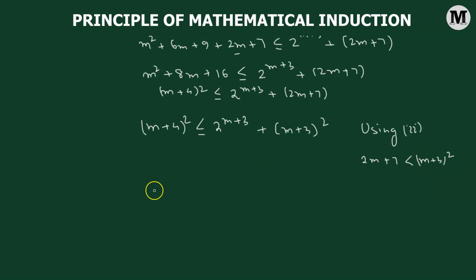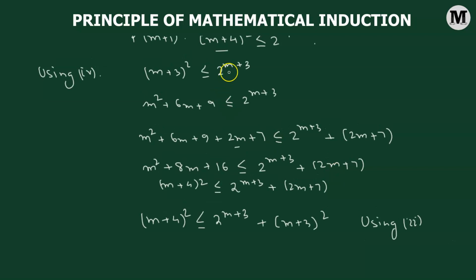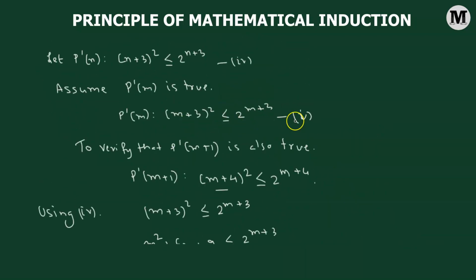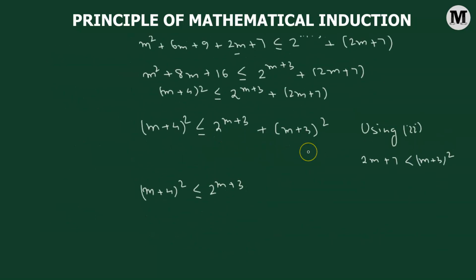Fine. Next, we have (m plus 4) whole squared less than or equal to 2 raised to the power of m plus 3 plus (m plus 3) whole squared. Now what is (m plus 3) whole squared? Now (m plus 3) whole squared is also less than or equal to 2 raised to the power of m plus 3. This is statement number 5, which we have considered to be a true statement. Let's write it down.